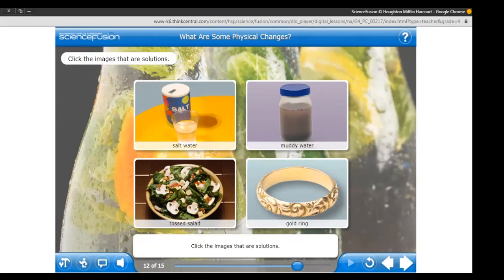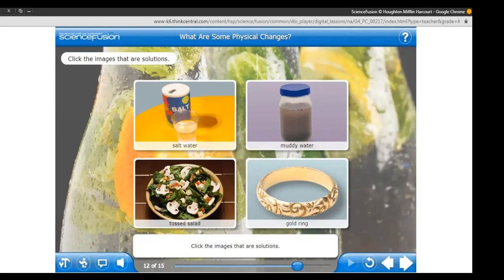Abdulaziz? Yes. Click the images that are solutions. Salt water is a solution or mixture? Muddy water is a solution or mixture? Toast salad, gold drink. What do you think?